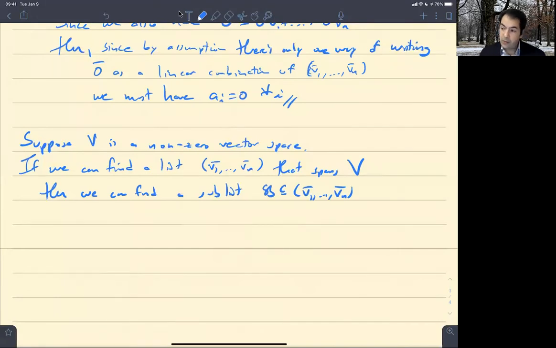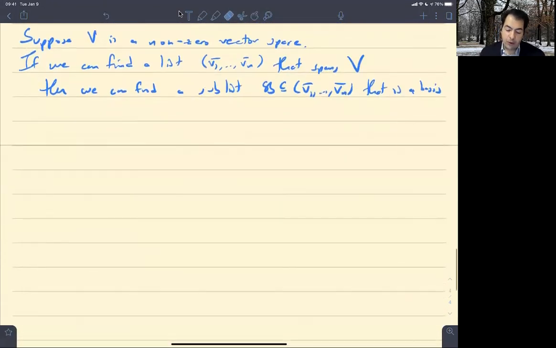So we can find a sublist that is a basis. Okay, so anytime you have a spanning set, you can always extract from it a basis. And we'll prove this by an algorithm. So we'll just say how we do it.